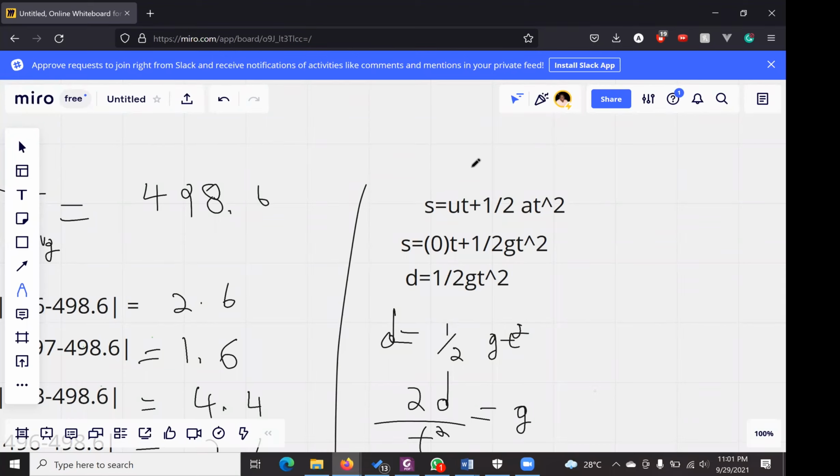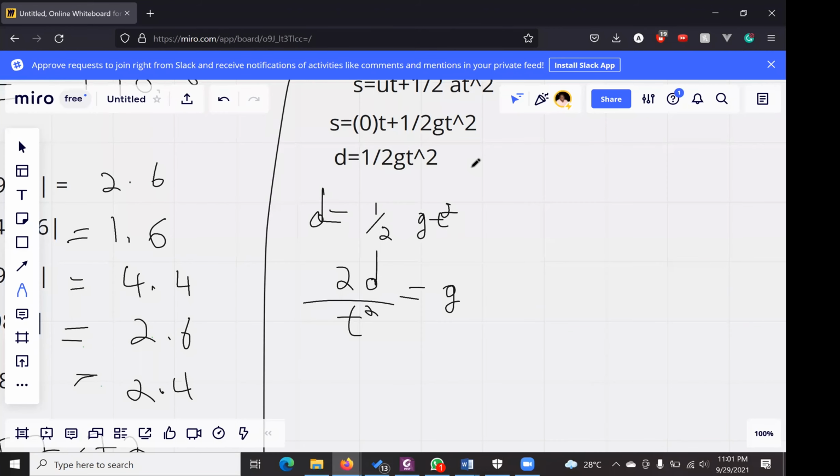So all I did was transpose g. To do that, I multiplied both sides by 2 divided by t squared. Now, this was a bit intentional. There comes a time when you need to transpose things like that. The sooner you grasp that, the better it is for you, because nobody is going to mark you for this when you reach second and third year.